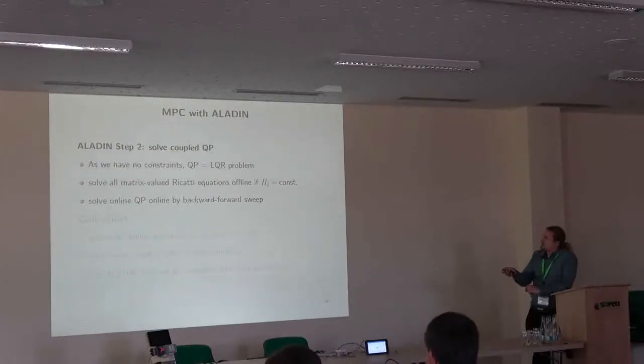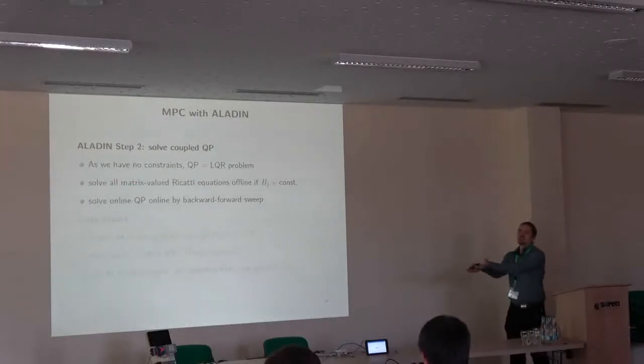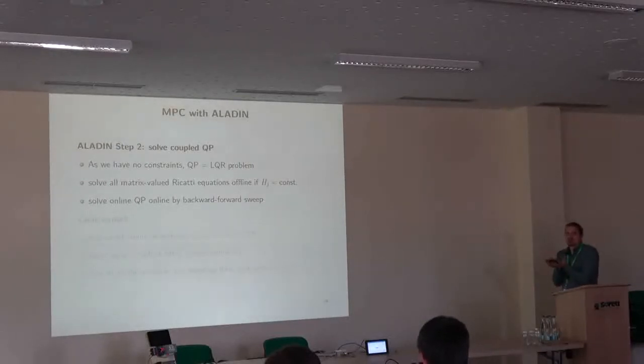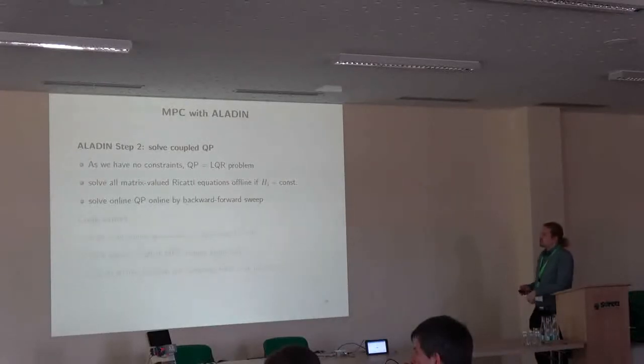Basically, LQR problems can be solved by solving a matrix valued Riccati equation offline. The basic idea is to propagate backwards the cost to go function. So we compute all these matrices for the shape of the cost to go function offline. And then the QP can be solved by basically matrix vector operations, so by a simple backward forward sweep.